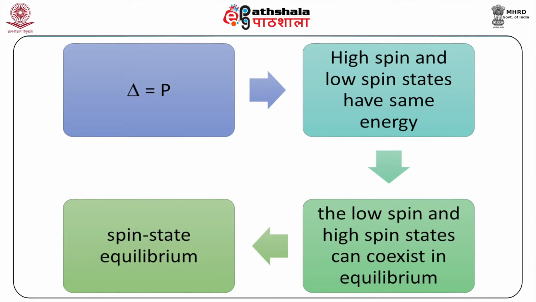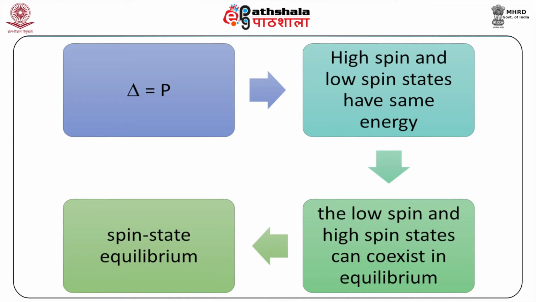These high spin and low spin states of an octahedral complex will have the same energy when delta equals P. If in a coordination complex the crystal field splitting is close to the delta equals P value, then the energy difference between the two spin states of the complex will be in the range of the thermal energy kT.